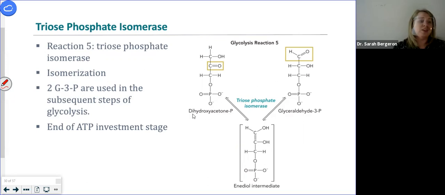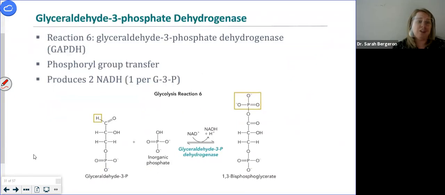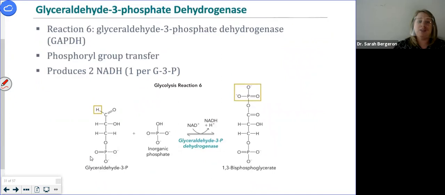Okay. So this is the end of our ATP investment, right? Once you have 2 products that are glyceraldehyde 3-phosphate, we are done with investment. All right. Reaction 6. Now we have glyceraldehyde 3-phosphate, and we're going to use this enzyme called glyceraldehyde 3-phosphate dehydrogenase.